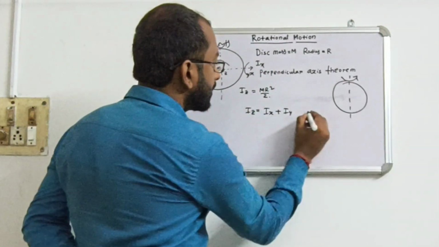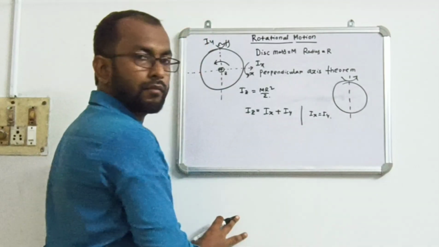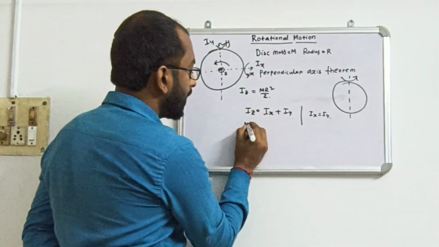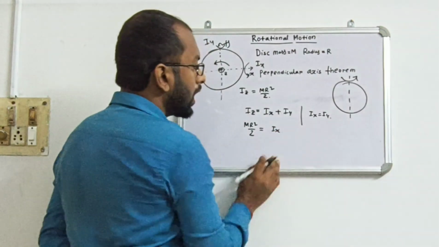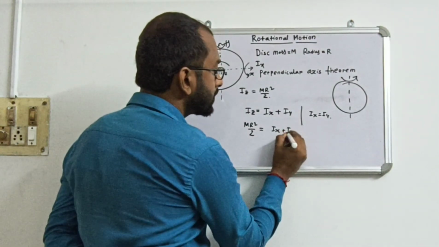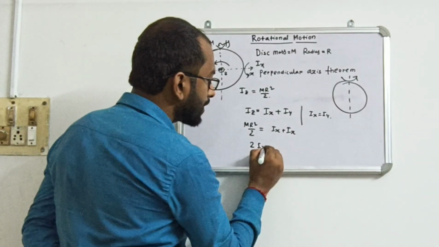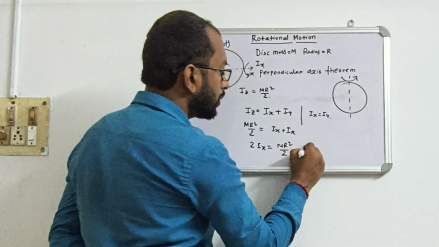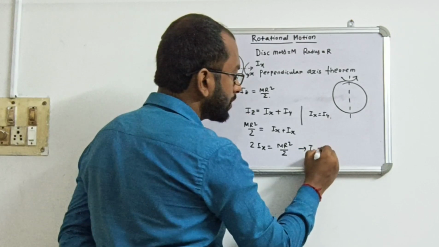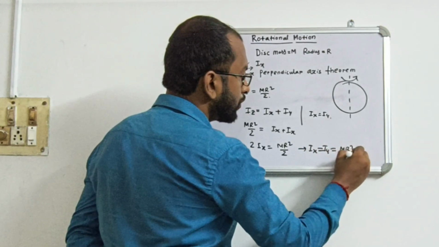So we can write that in this case Ix equal to Iy. So let us put that mr square by 2 is equal to Ix plus Iy. So 2 of Ix will be mr square by 2. So Ix, which is equal to Iy, becomes mr square by 4.